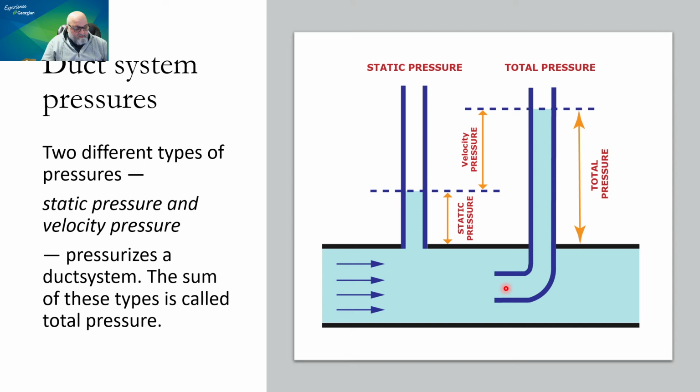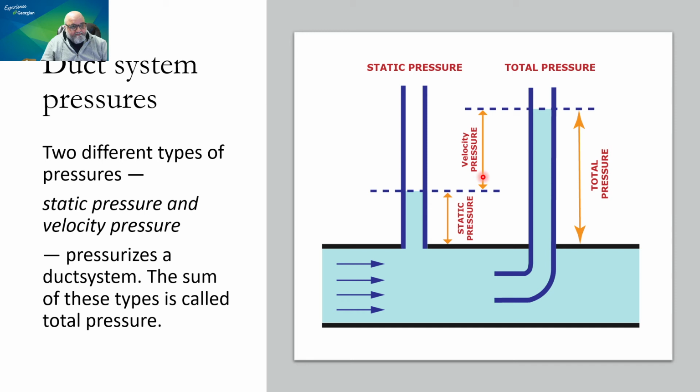One thing you need to remember is if you do that, you're measuring total pressure. Okay? You do need to remember that. If you do that, you're measuring only static pressure. That's number one. Number two is total pressure is equal to the static pressure plus velocity pressure.